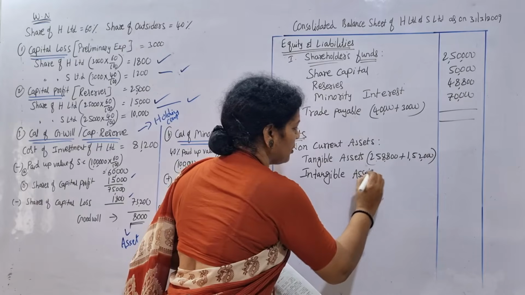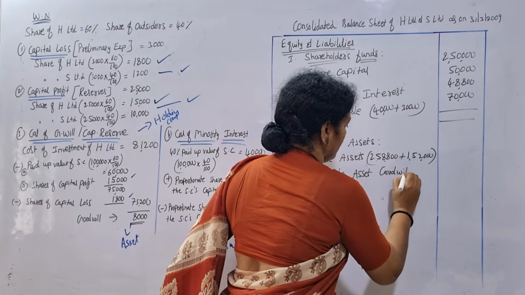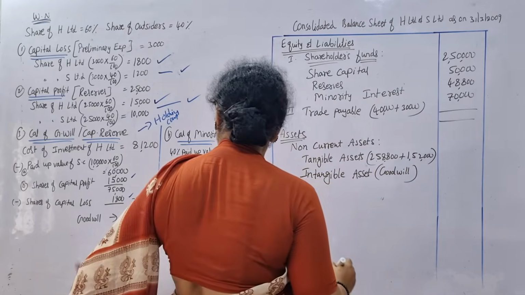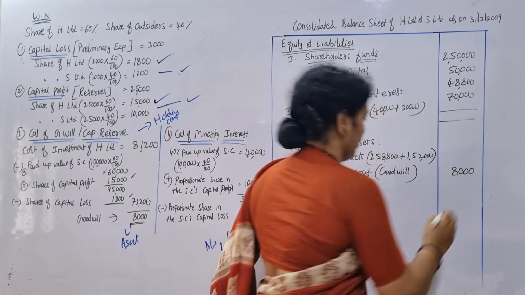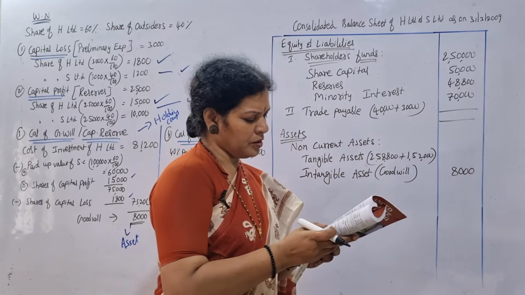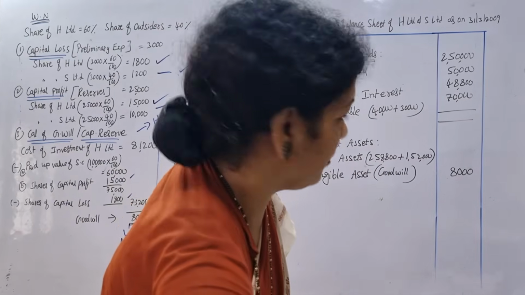In brackets you can say goodwill. How much did you get for goodwill? 8,000. Anything else? That's all. So we'll use the calculator and we'll close it.